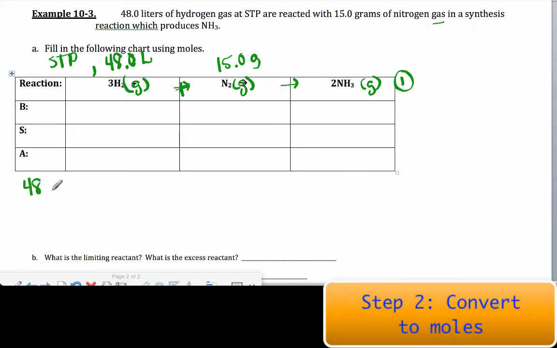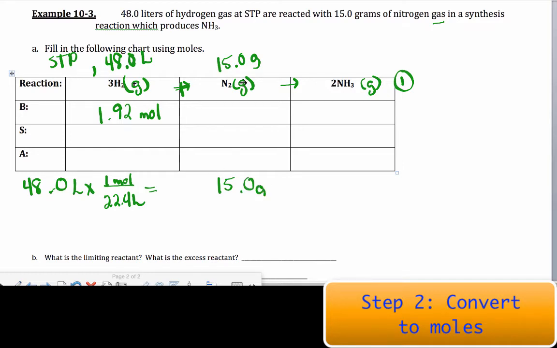If I have a gas, and only if I have a gas, and if that gas is at STP, I get to use 1 mole of a gas at STP is 22.4 liters. And when I do that calculation, I get 1.92 moles. Now, for the nitrogen, I'm going to use the molar mass. Mass to moles, use molar mass.